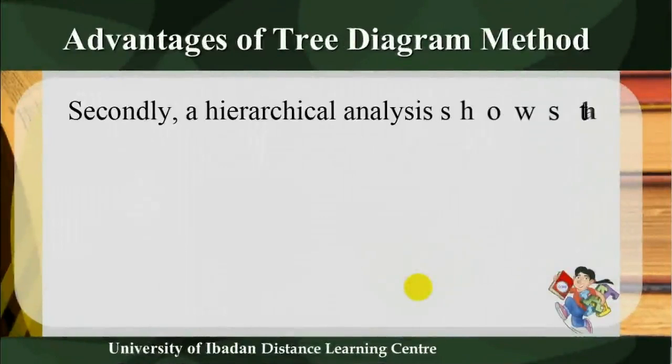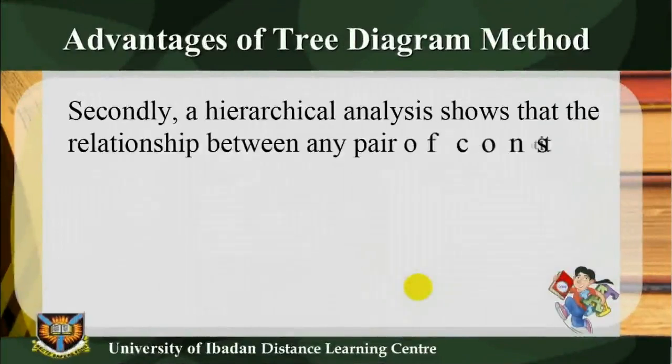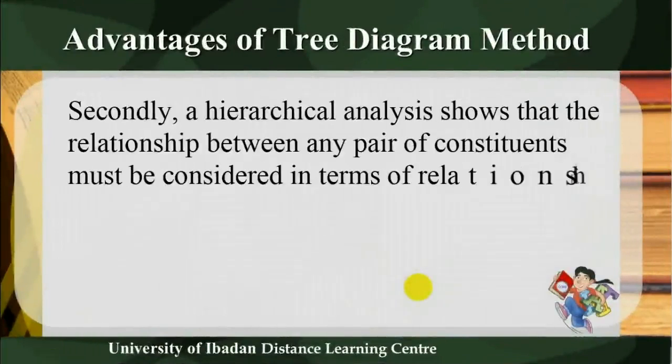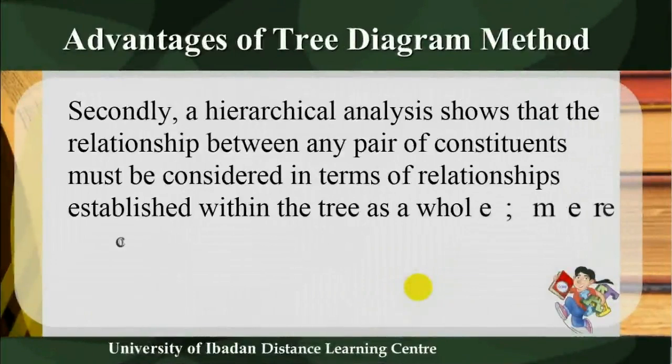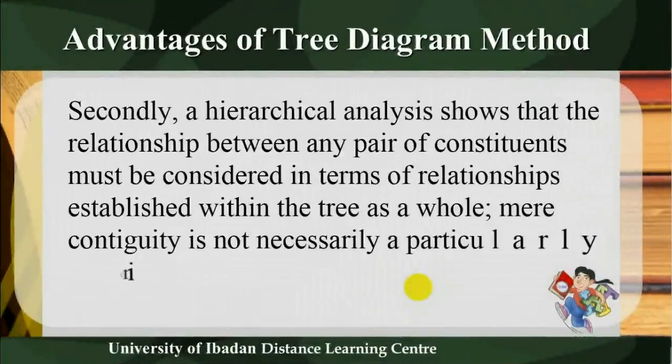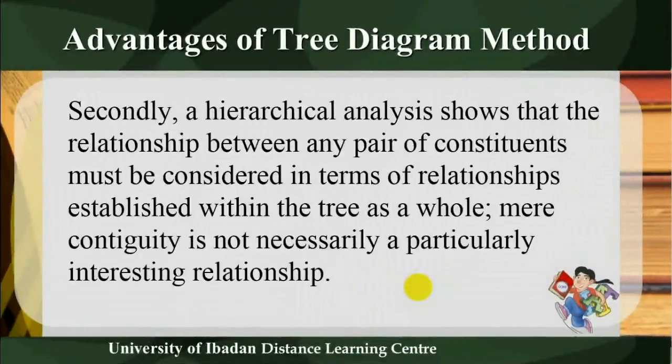Secondly, a hierarchical analysis shows that the relationships between any pair of constituents must be considered in terms of relationships established within the tree as a whole. Mere contiguity is not necessarily a particularly interesting relationship.